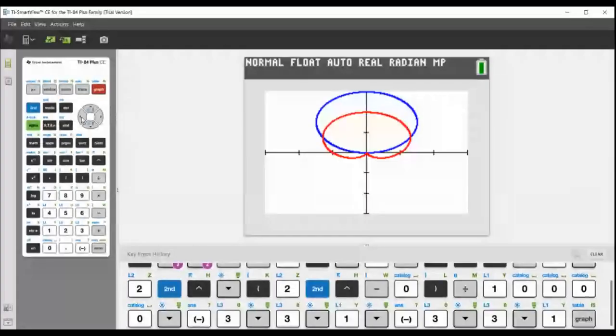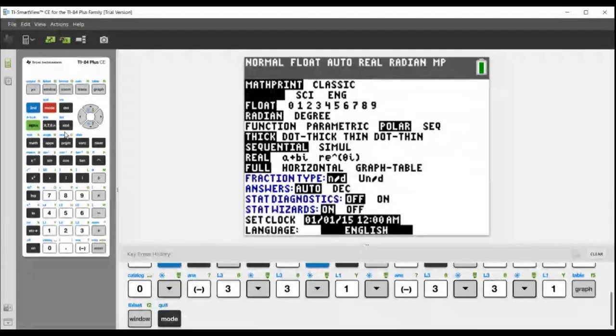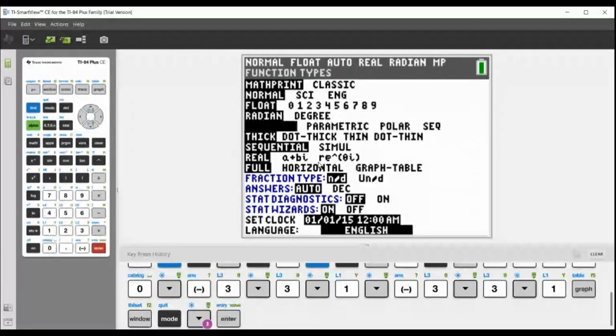Let's go back to that calculator application. And now I want to put the calculator in just regular function mode.